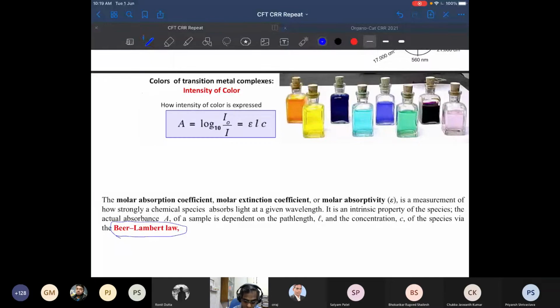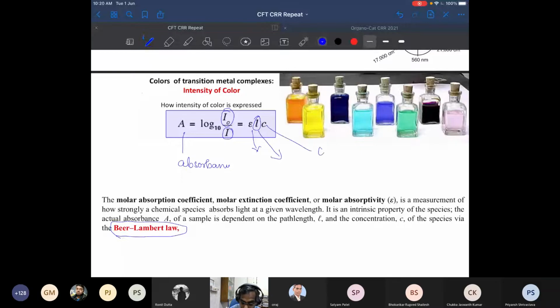Now you can see here, A is the absorbance, that is log I0 by I, the incident light intensity to the transmitted light intensity, and epsilon is the molar extinction coefficient. You can recall I discussed this in the earlier classes.